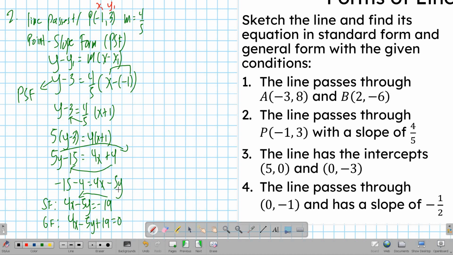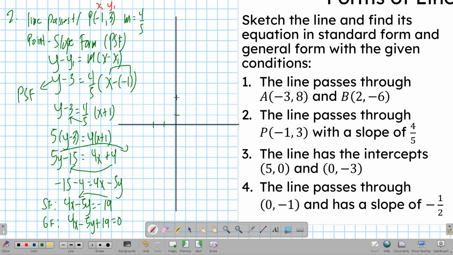Now, let's sketch the graph of this line. So, try natin itong magkakasya dito. And then let's have this one here. So, the point P is at negative 1.